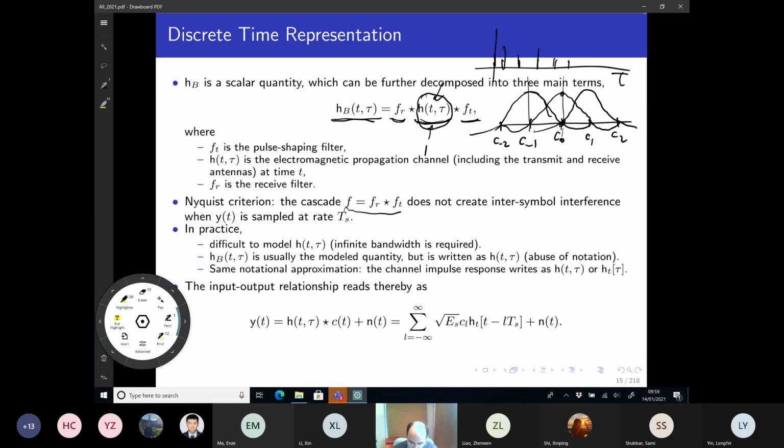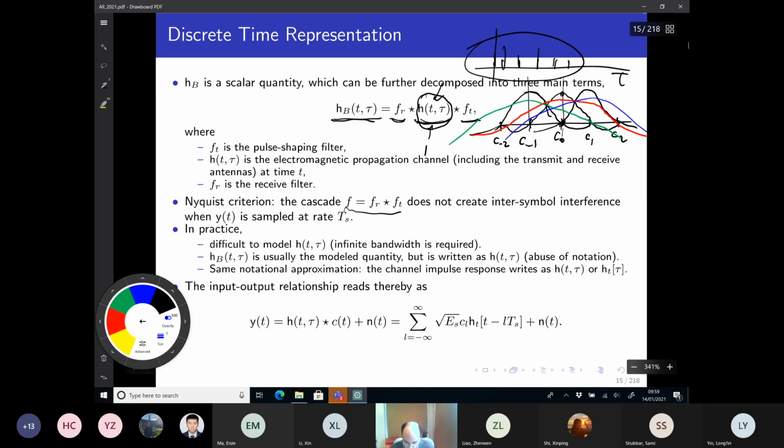So on top of having this raised cosine filter, because of what we call multipath propagation, you end up with something like this. This is maybe for C0, and then for C1 you have something like this, and for C minus 1 and C2 you have something like this, right?